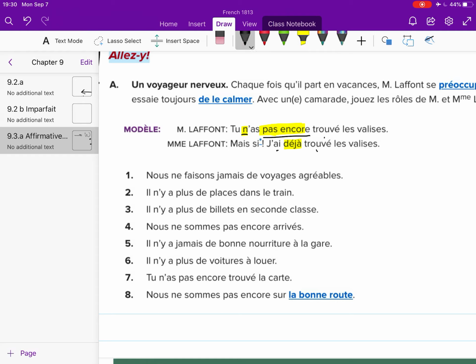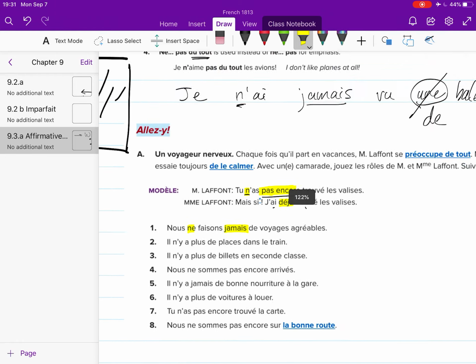Let me do one of them with you. Nous ne faisons jamais de voyage agréable. So my negation here is ne and jamais. If I go back into my little table there, I would know that I've got some choices here. We never take agreeable trips or nice trips.